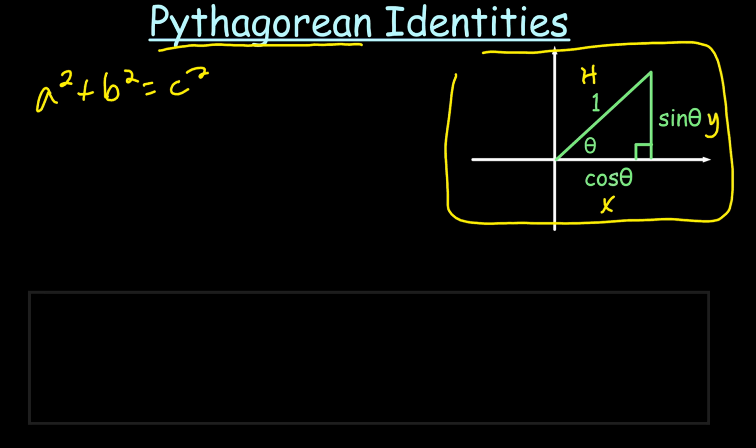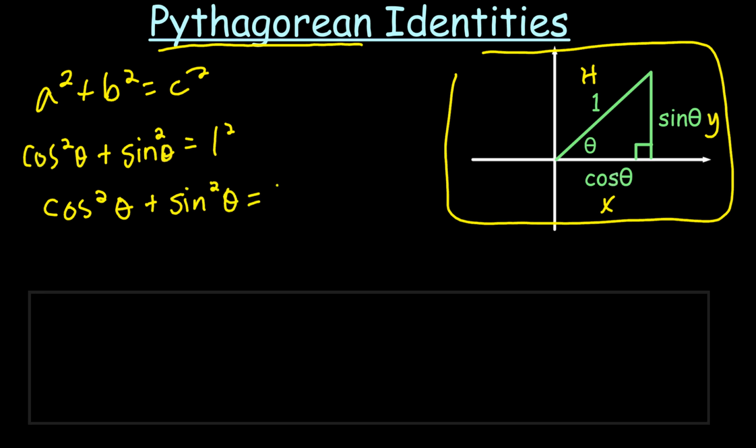So we have cosine squared of theta plus sine squared of theta equals 1 squared. Well, 1 squared is just 1, so we write cosine squared of theta plus sine squared of theta equals 1. This is one of your Pythagorean identities, and it's the main one you need to know.